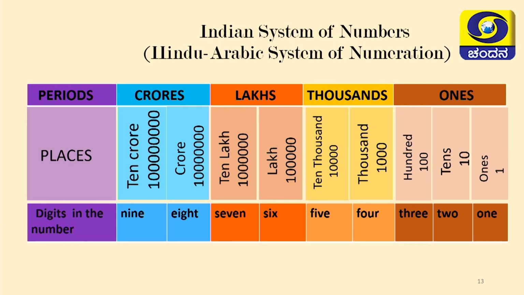Look at this table. Indian system of numbers. There are periods like ones, thousands, lakhs, crores. Places and digits in numbers.